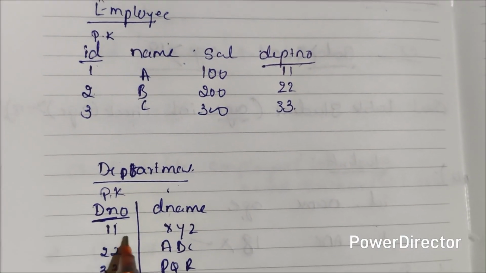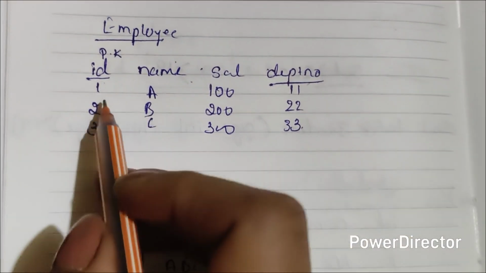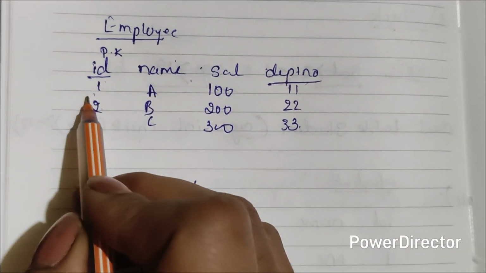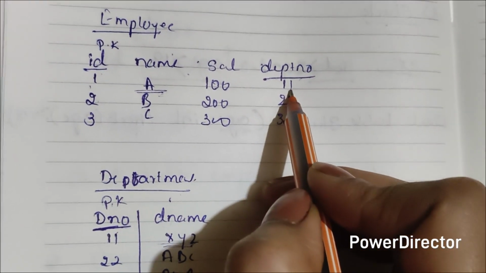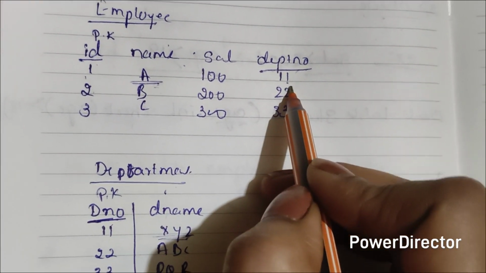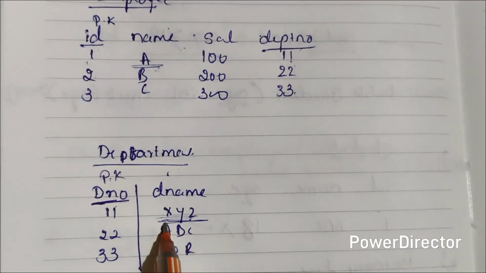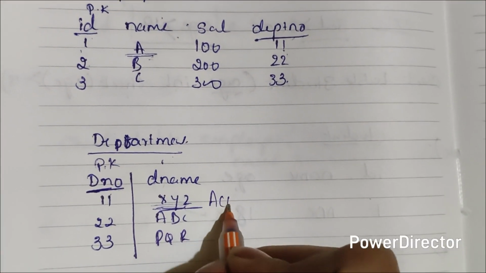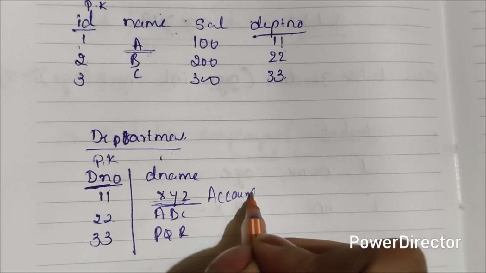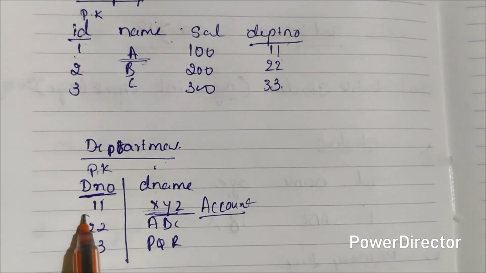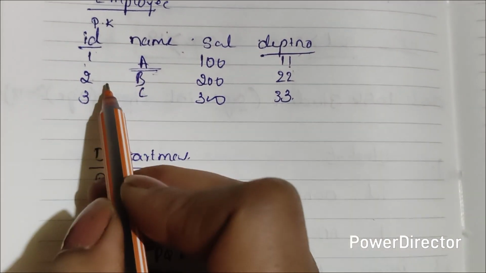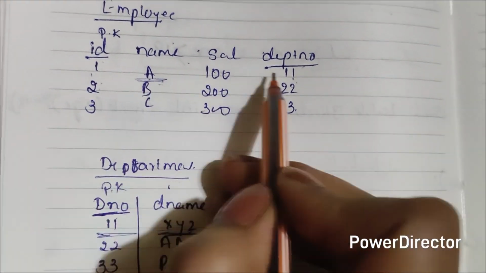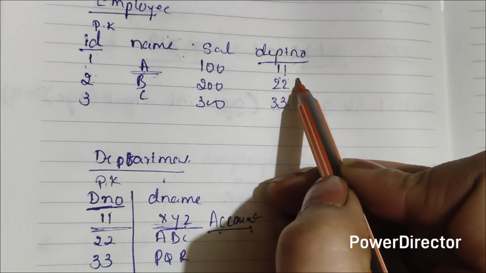So department number 11 is XYZ. That means employee ID 1, whose name is A, belongs to department 11. So what is 11? That is XYZ. Suppose this is a department name, accounts department. So 11 refers to accounts department. That means this particular person A belongs to accounts department.